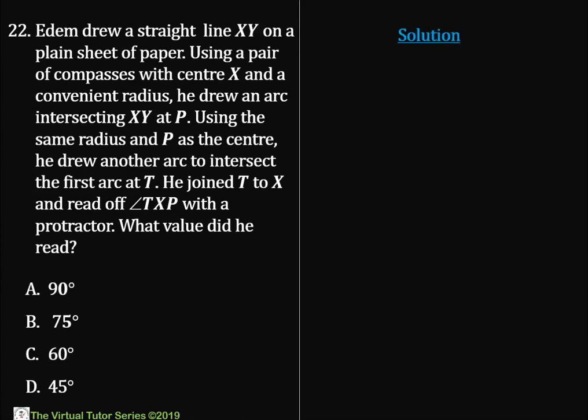Solution. We first draw the straight line xy. At center X and a convenient radius, let's now draw an arc to intersect line xy. Let's name the point of intersection P. With our compass at P and same radius, let's draw another arc to intersect the first arc.